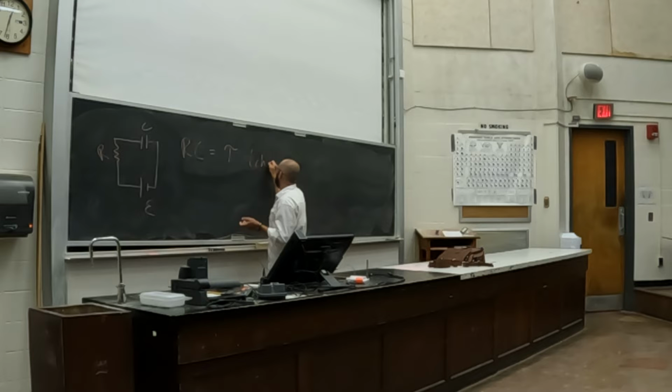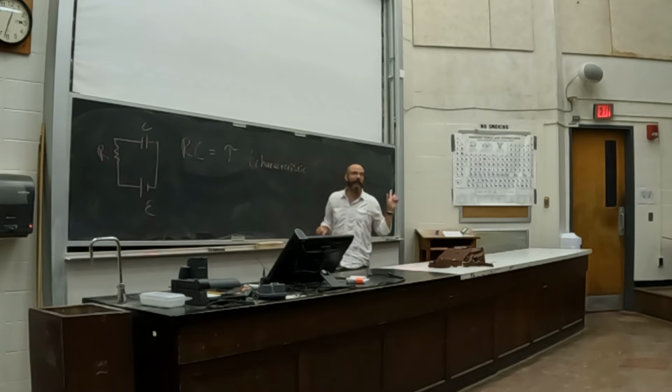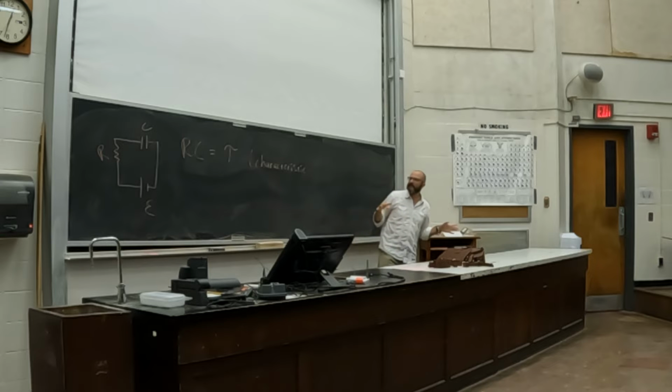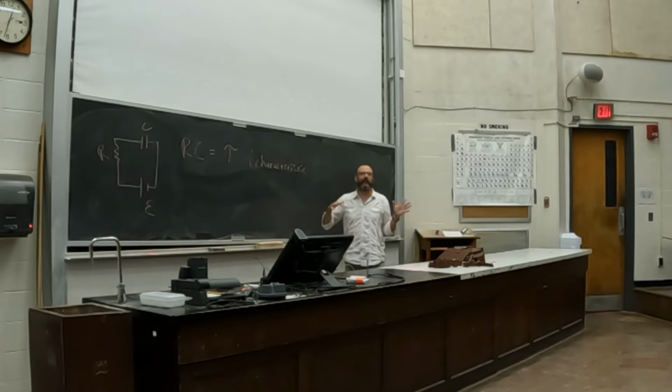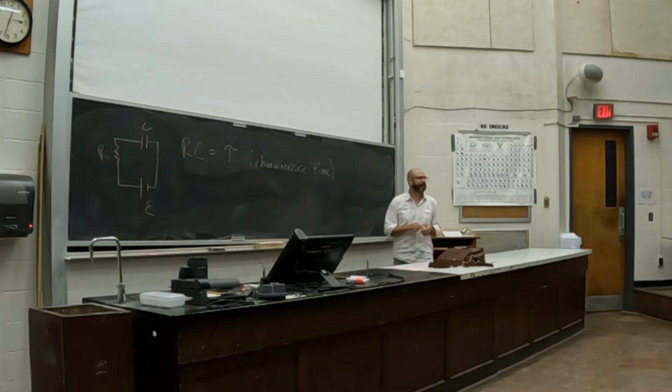Which is otherwise called the characteristic time. Now, this is not the time it takes to charge fully. Turns out to be the time it takes to charge to about 63%. It's not an arbitrarily chosen number, but it seems like it is. But it's the characteristic time of the circuit.